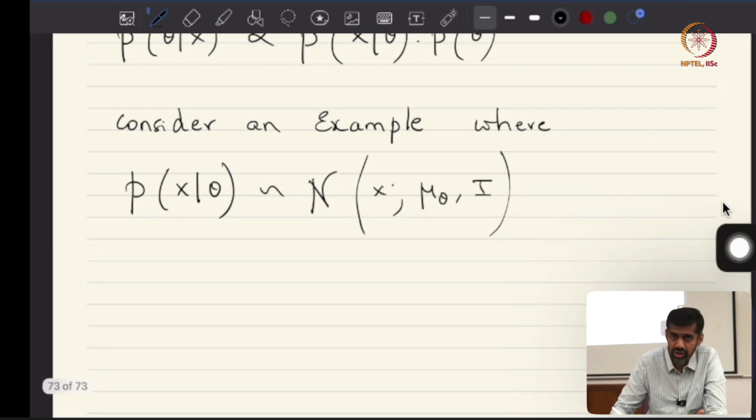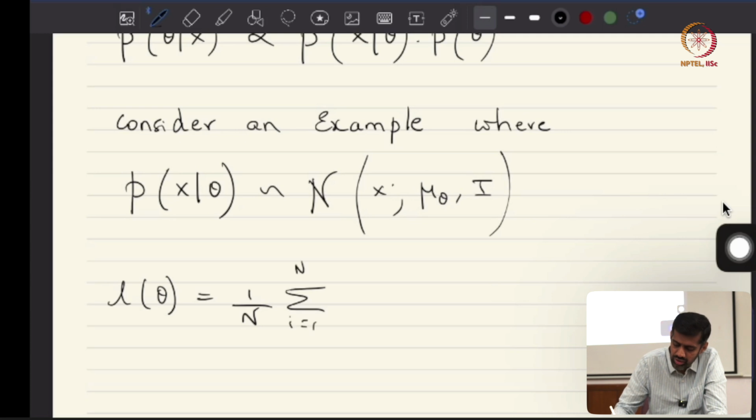Now if we have to do the MAP estimate, we first have to write down the likelihood of this. What is the likelihood? This is L theta is 1 over n, log of P of x given theta. This is what we do.